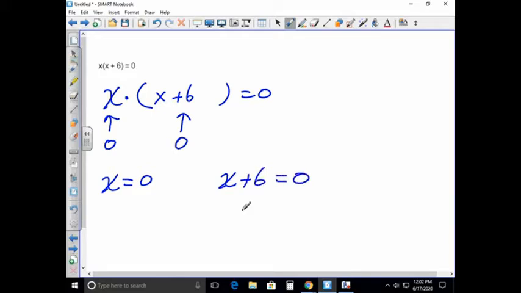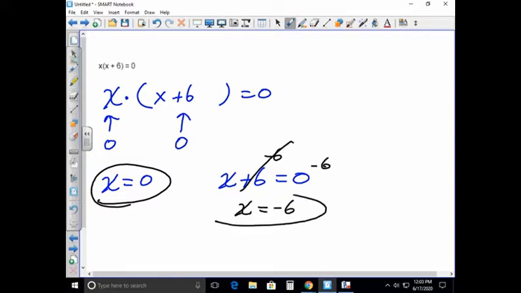On the first one, there's nothing left to do to get x by itself. So 0 is one answer. On the other one, we can subtract 6 from both sides so that those cancel. And our other solution is negative 6. If you were to plug in a 0 or a negative 6 everywhere you have an x, both of those would make that a true statement.